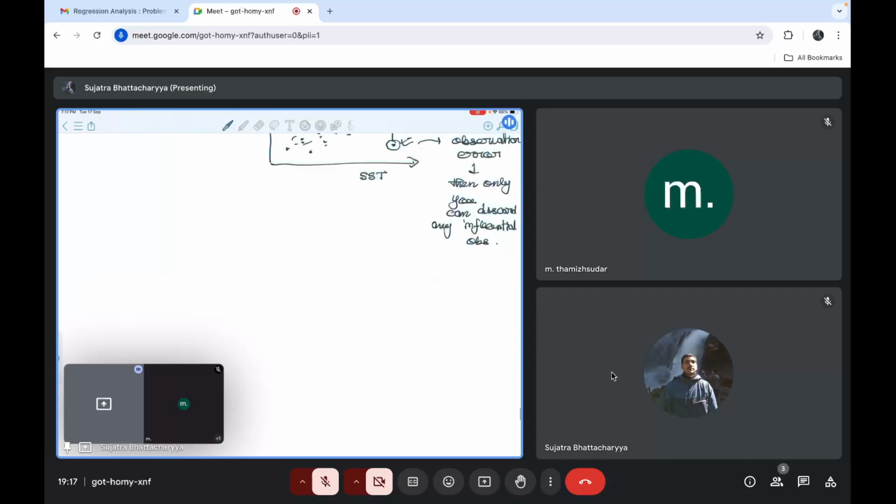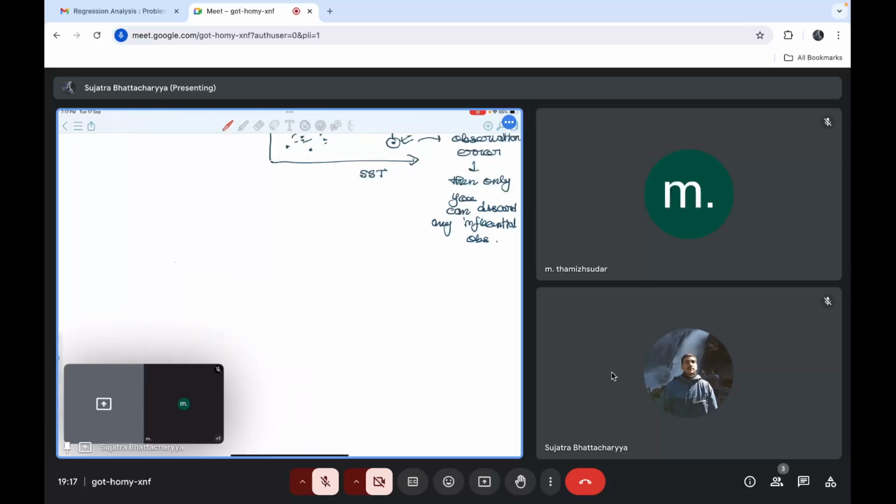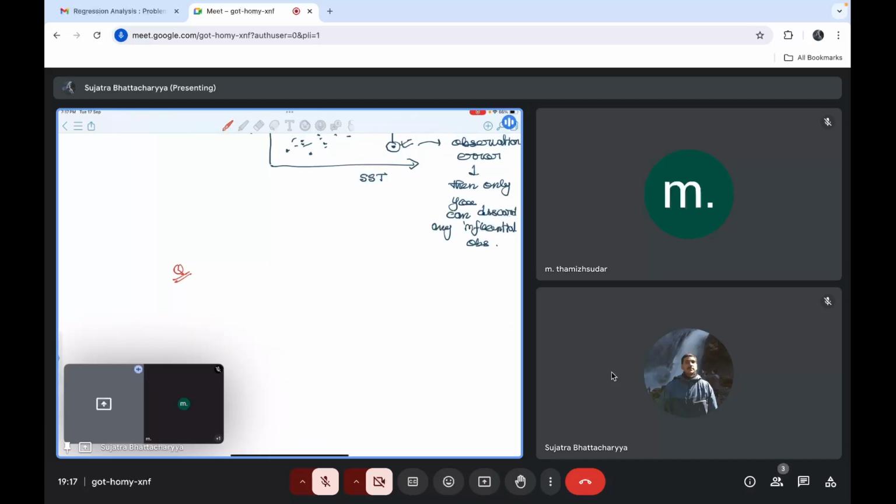There is a question related to this. I think this is the last practice question, because as you can see, these are all simple questions. After that, only some theories are there. Let me just write.